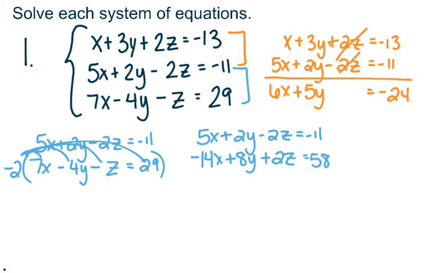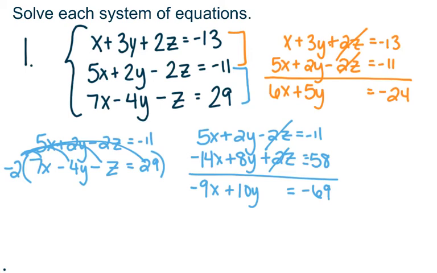Oh, negative 58, my bad. So now, if I add them together, the same thing's going to happen as with those first 2 equations that we did in orange. So 5x minus 14x is negative 9x. 2y plus 8y is 10y. These z's are going to cancel out, and it's going to equal negative 69.